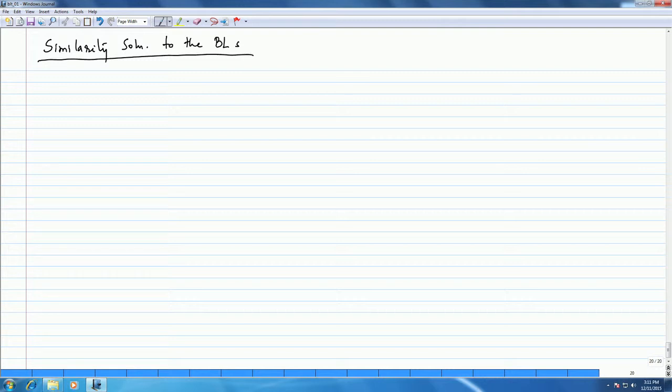So essentially what we're doing right now is application of the boundary layer equations to a very thin flat plate.